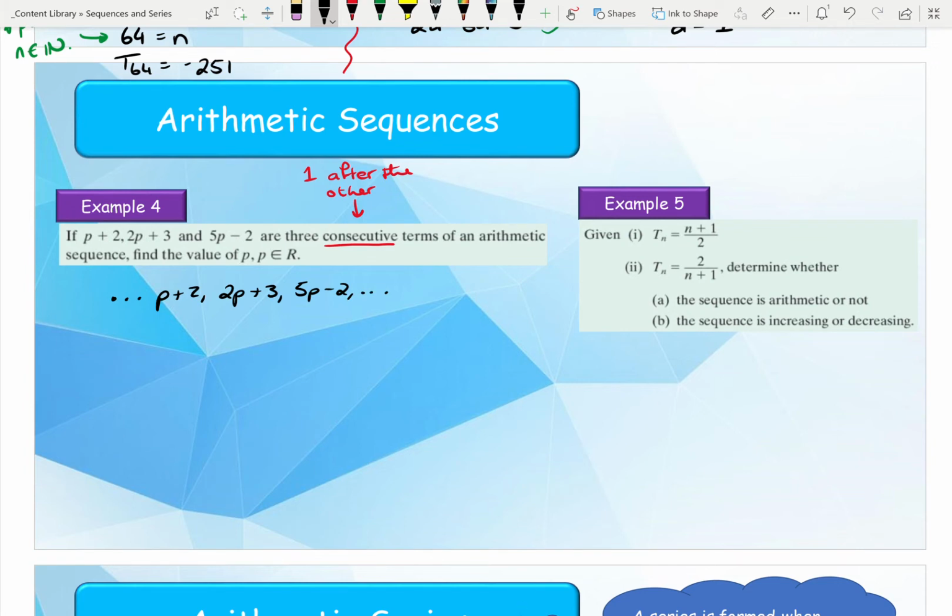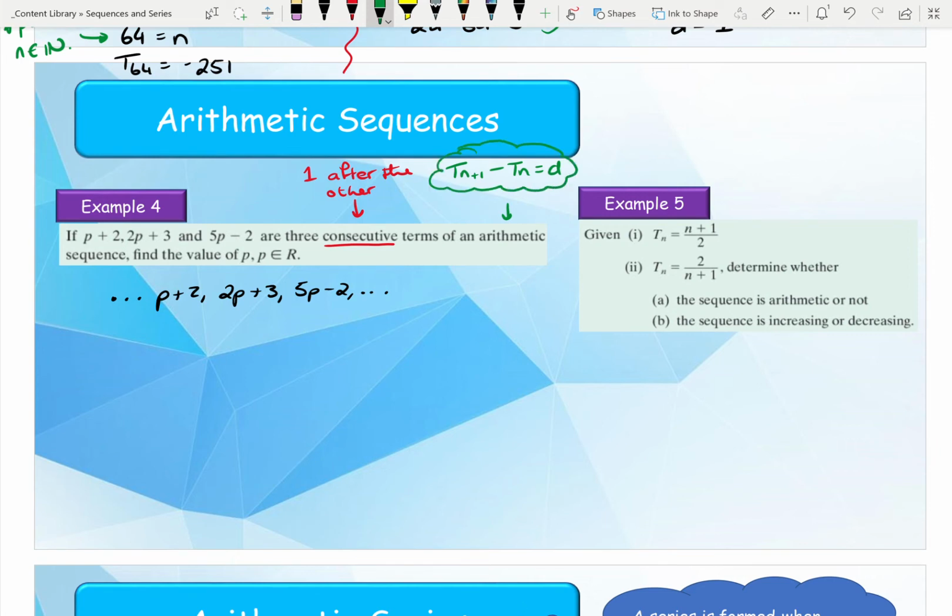Now this is where we're going to go back to our rule that we mentioned before, that in an arithmetic sequence, I know that tn plus 1, so the larger term, minus tn, the smaller term, will give me the common difference d, as long as they're consecutive.